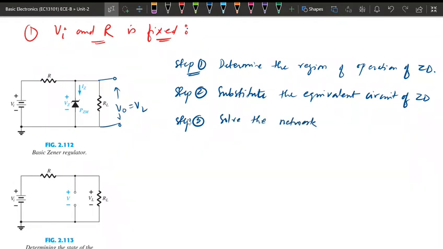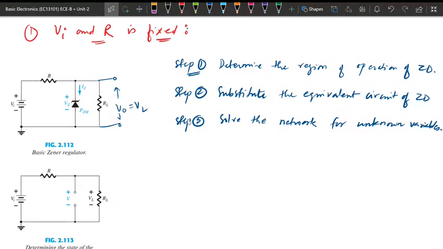Whatever network we obtain, we need to solve it for the unknown variables. So these are the 3 different steps we need to follow to analyze a voltage regulator circuit.